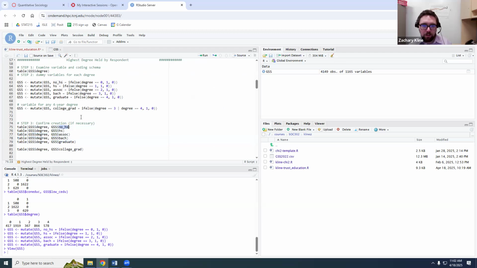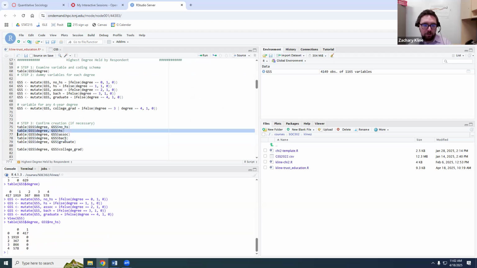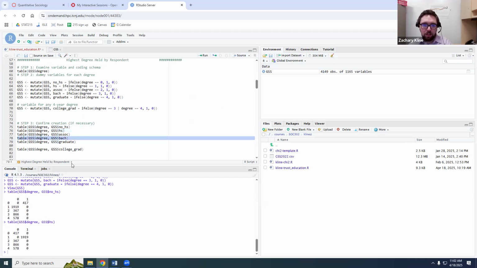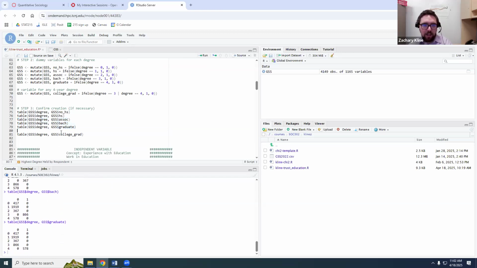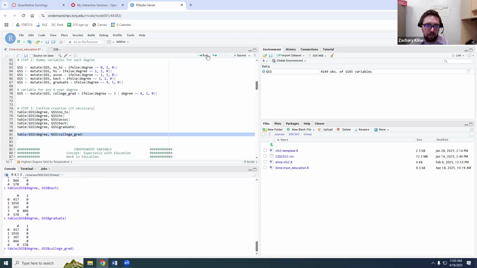So I'll go through. As we expected, there's only a value of 0, and a value of 1 for no high school. But yeah, each of these, I'll scroll through each one. Only 2 for associates, 3 for bachelors, 4 for graduate. Now this check here, we would expect that people have a value of 1 for college grad when degree is 3 or 4.